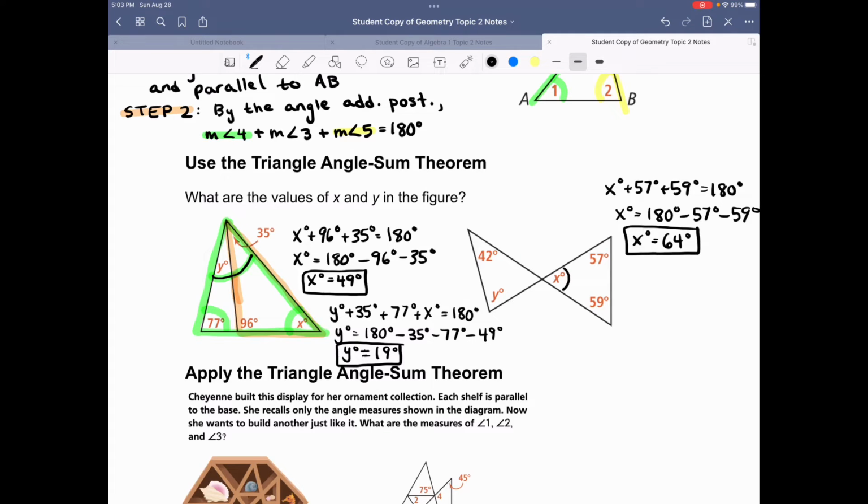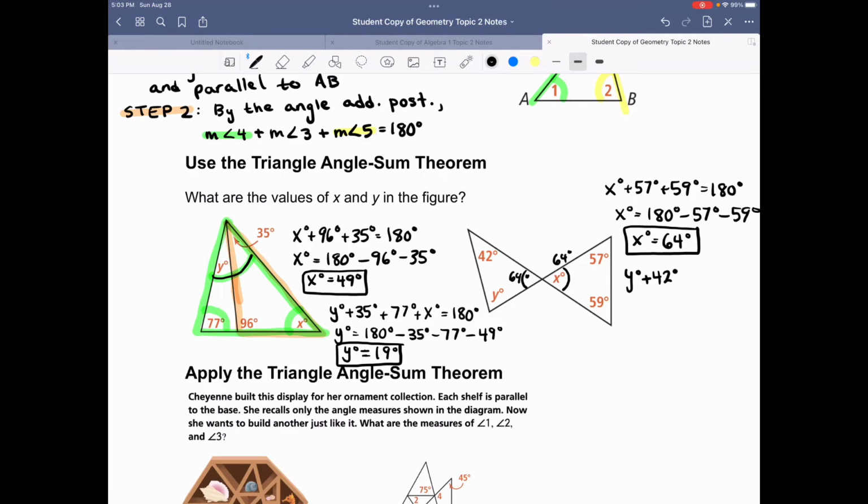All right. Now we want to solve for y. Well, let's say that y plus 42 degrees plus, what's this? Well, that's going to be the same as what x was. So if x was 64, then this is also 64 degrees.